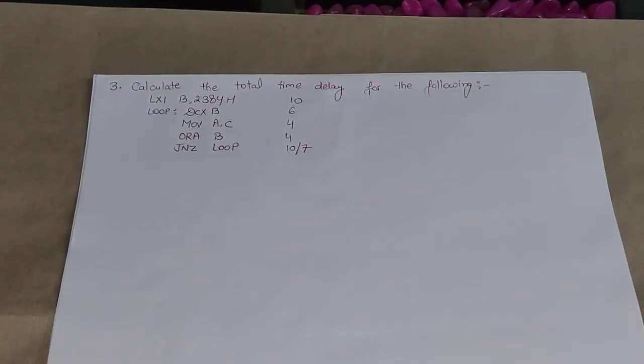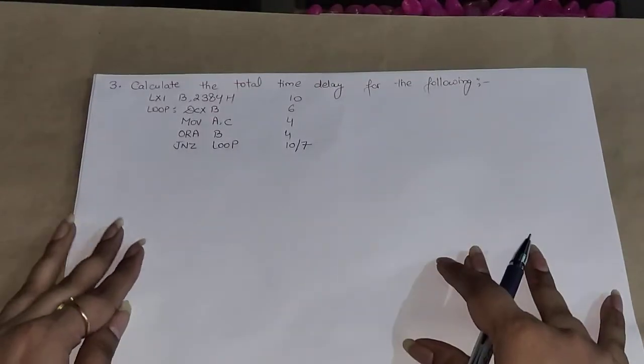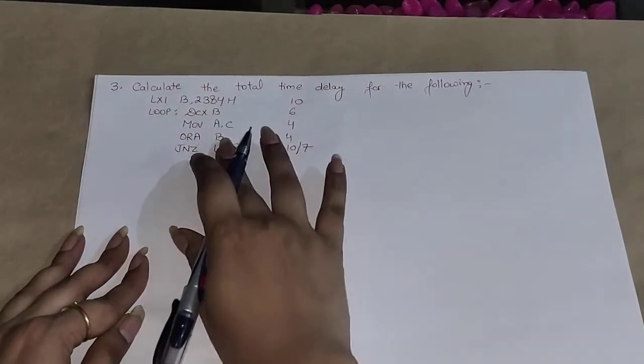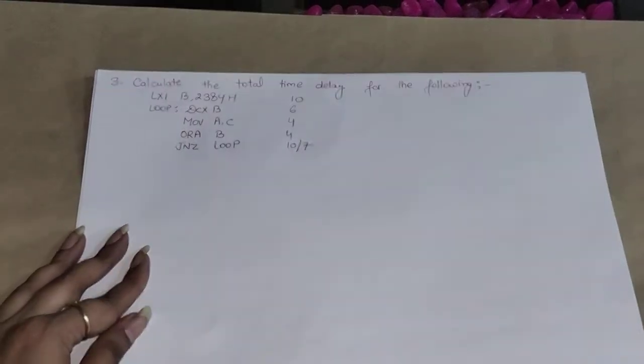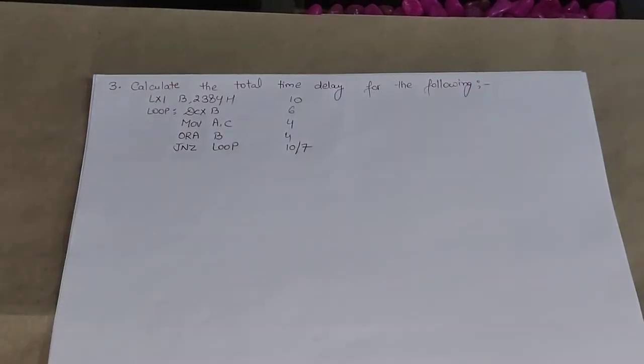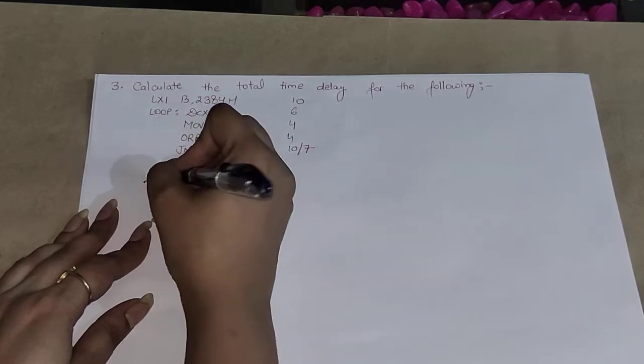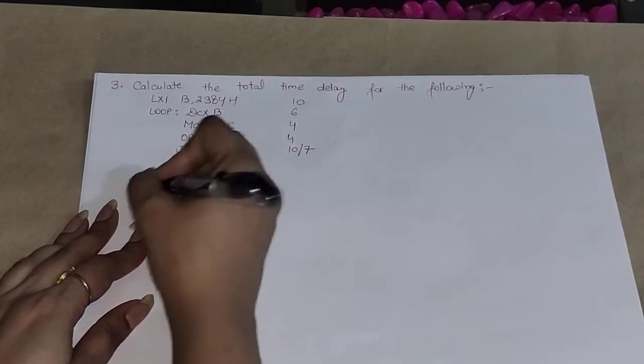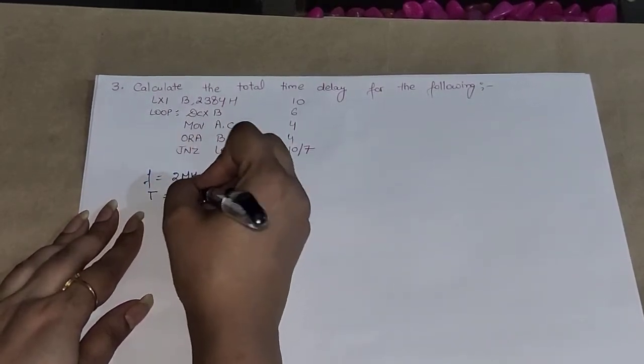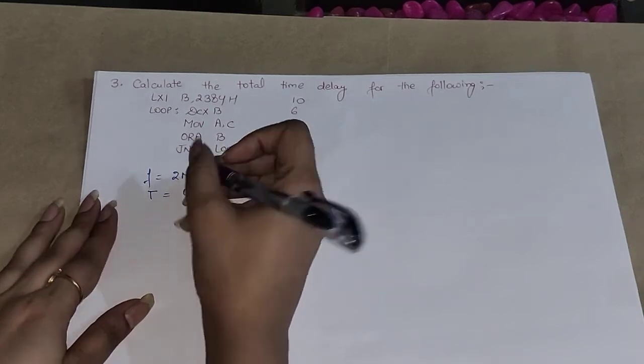Calculate the total time delay for the following. See, there is a program, and corresponding to each and every instruction we are given the number of T states required. What we have to do is calculate the time delay. Let's start. F is equal to 2 megahertz, that means the clock period is 0.5 microseconds.